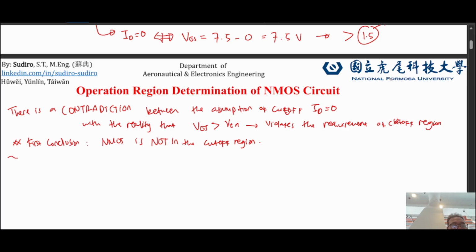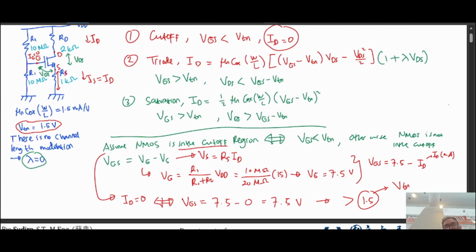Next, we try to evaluate, is it in the triode or in the saturation region? Actually, we can firstly assume it is in the triode region, but we prefer to start with the assumption of saturation region because the formula of ID is simpler here.